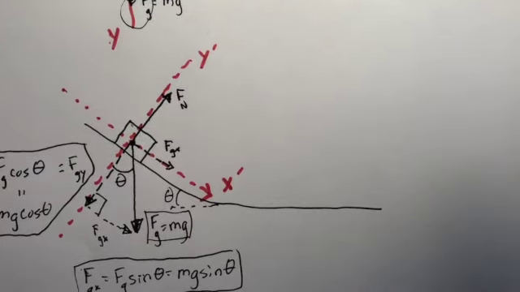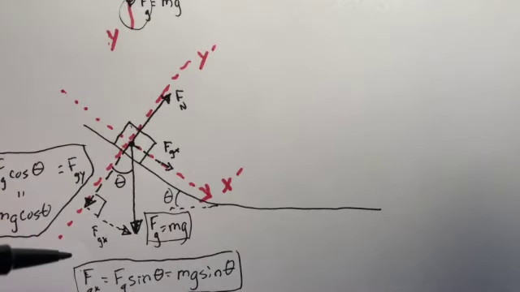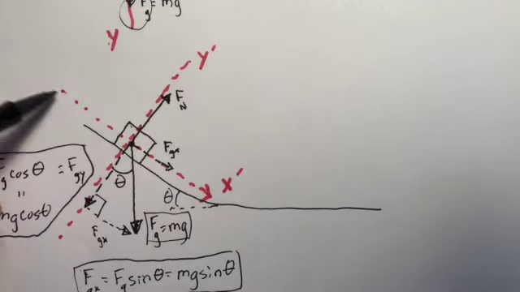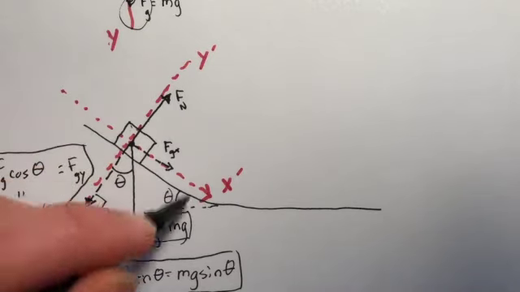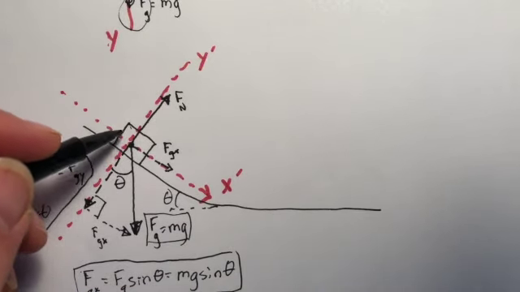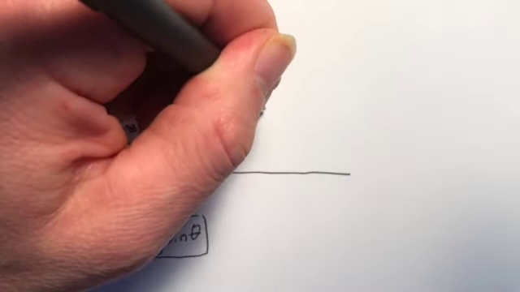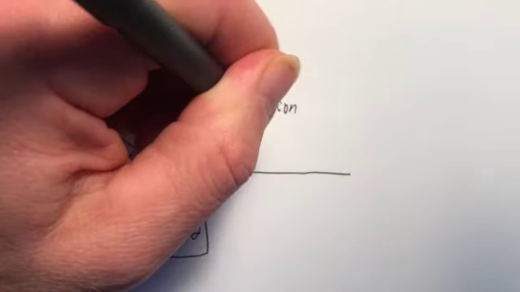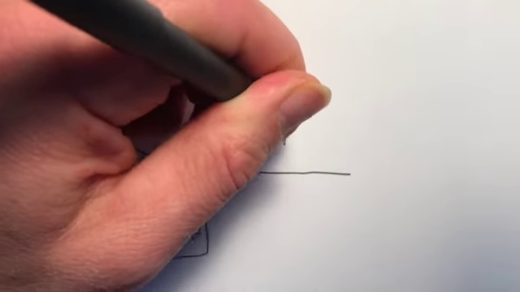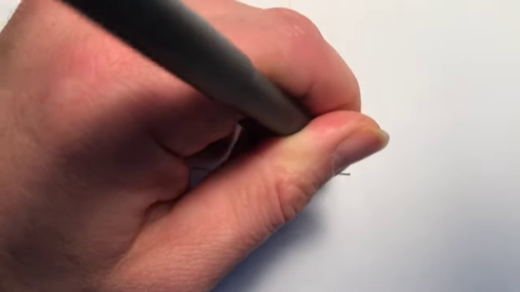Now, what else can you have on an incline? I could have someone pushing an object down the hill. I could have somebody trying to pull this object up the hill. I can have my applied forces wherever I want. One thing I want you to remember is that friction always opposes motion.